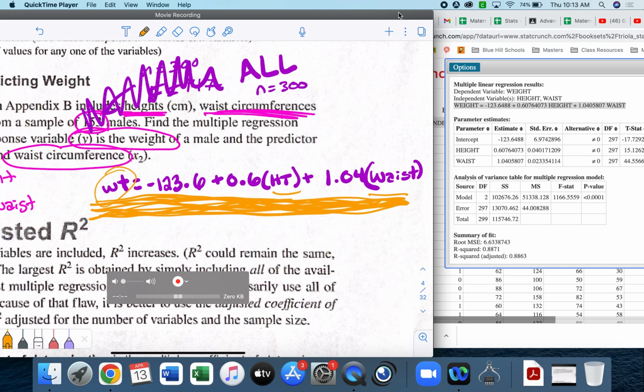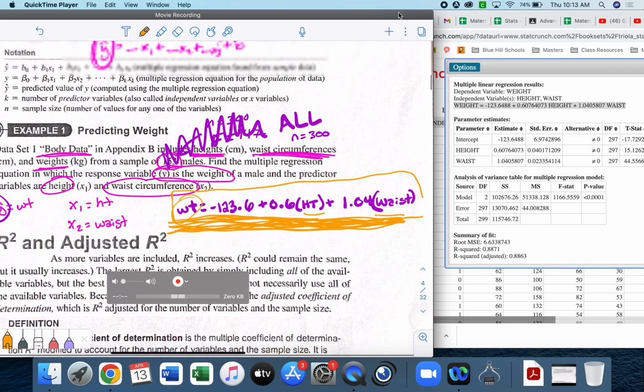Males' waists typically aren't as big as female waists, because we gain our weight in our bellies, especially for me. We gain weight in different areas than males do. We're set up differently. So the equation is probably going to be similar, but maybe with some slight differences. We'll do those comparisons tomorrow when we talk about dummy variables, but this is what it spit out for all 300.